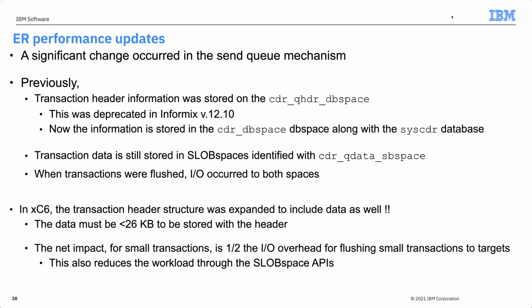In XC6 and higher, if the data is less than 26 kilobytes, we will store it in the header structure of the transaction itself, which is being written into the CDR DB space. And we will flush that data in one operation rather than two. So that dramatically increases throughput if your replicated transactions are small. And that will reduce IO time, network latency and network congestion and so forth.